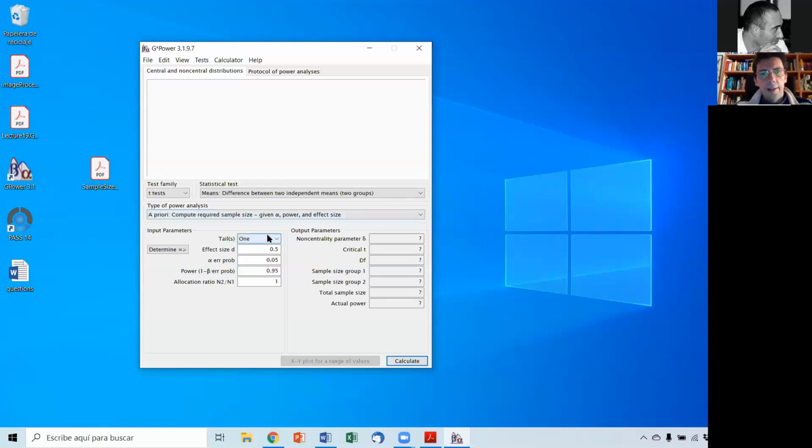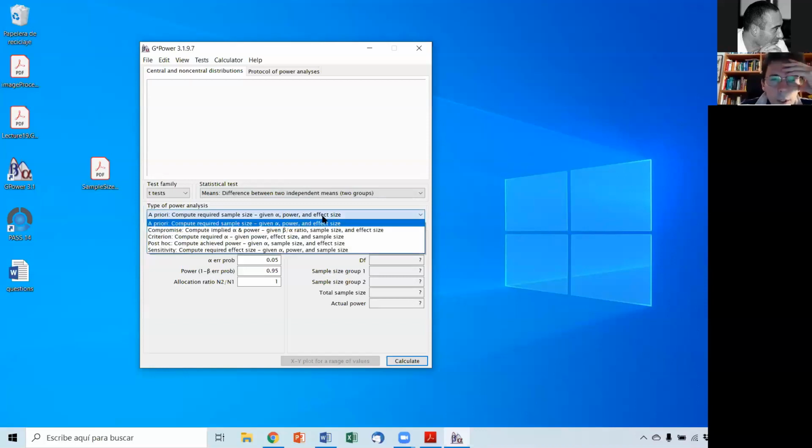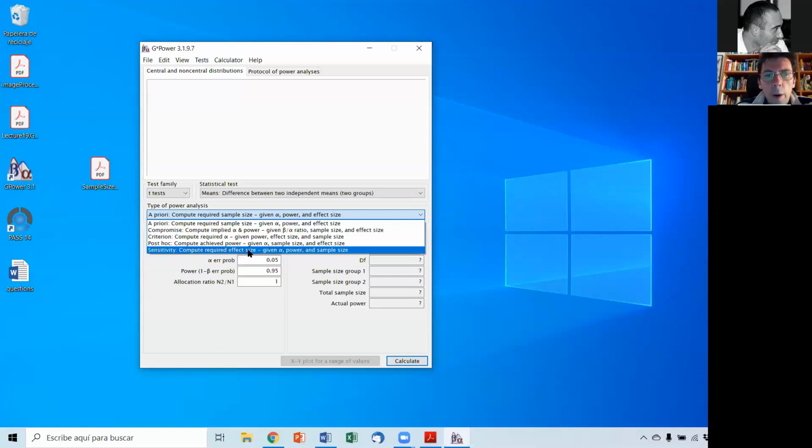And then we are given another question. Compute the sample size given alpha, that is the statistical confidence, or 1 minus the statistical confidence, the power and the effect size. Actually, this is the one that we have been using for the design. But you see that you have all the other possibilities. What is the required effect size given alpha, power, and sample size? This is just the opposite.